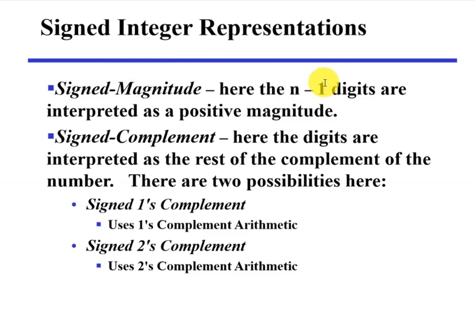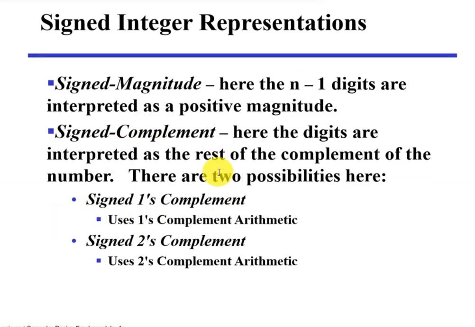The other bits indicate the magnitude of the number. However, note that when dealing with binary arithmetic operations, it is more convenient to use the complement of the negative numbers, so either the 1's or 2's complement method.